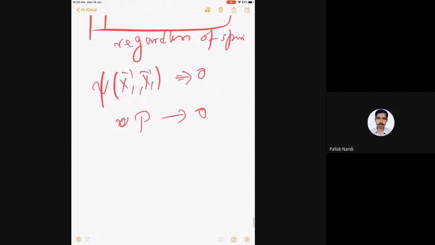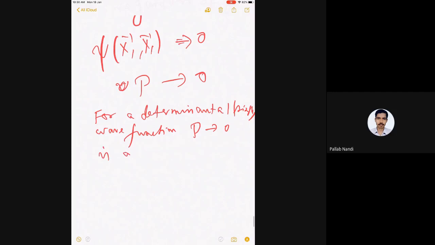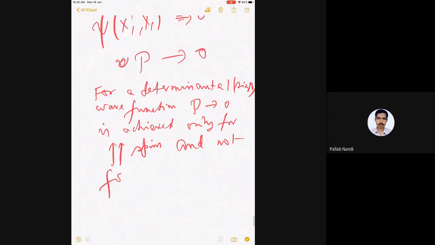So I have reached an important conclusion that for a determinant, or I would say single determinant, to be more precise, wave function, the probability tending to 0 is achieved only for parallel spins and not for antiparallel spin.